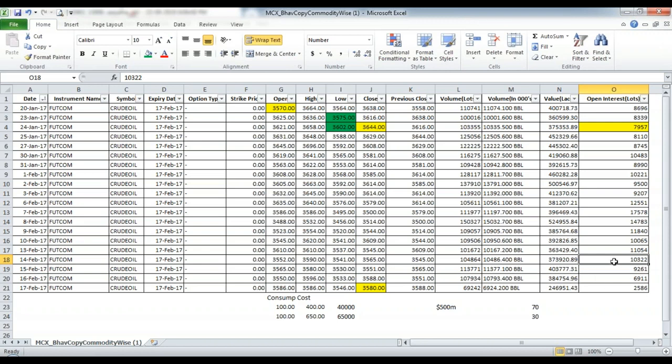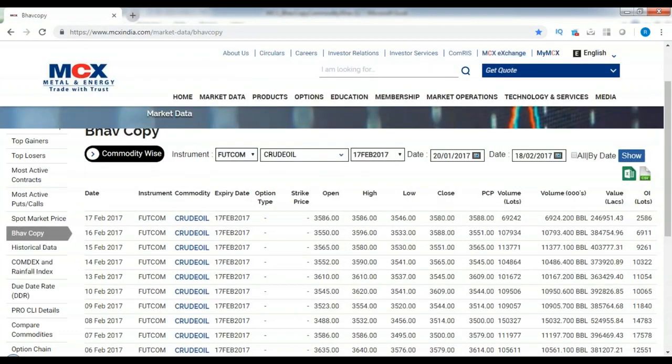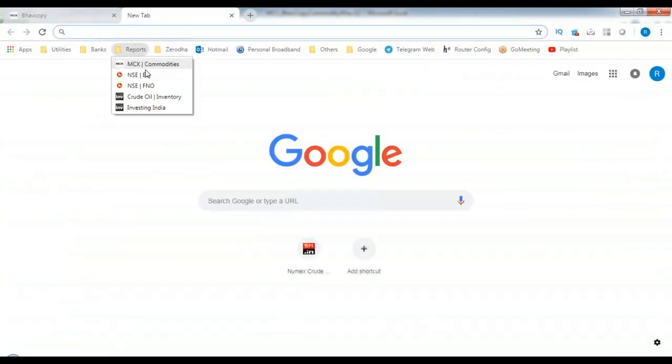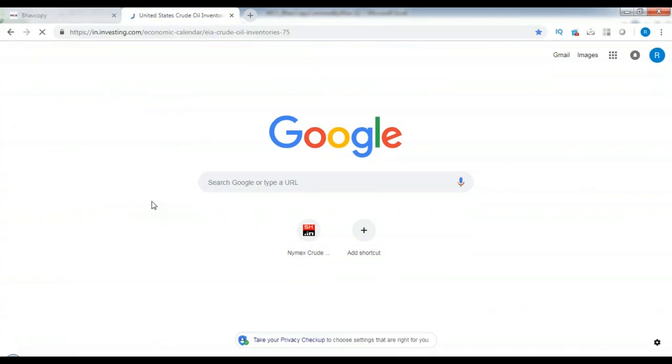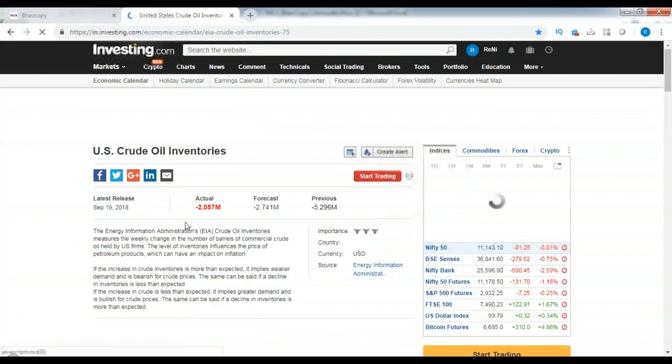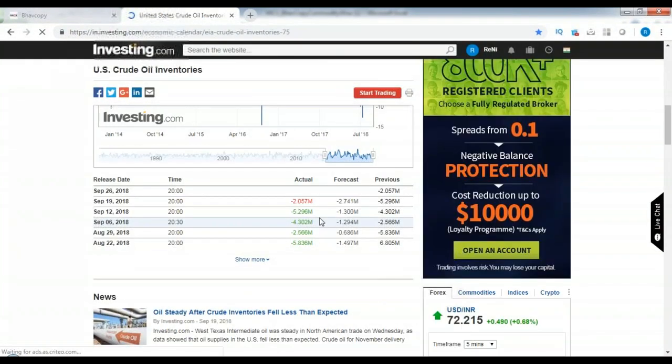And by then the contract is almost over, right? Because now the rolling over would have started. If you look at it, people would have exited, right? Now, on 20th of January, when the contract started working out, that day I talked about this inventory data, right?